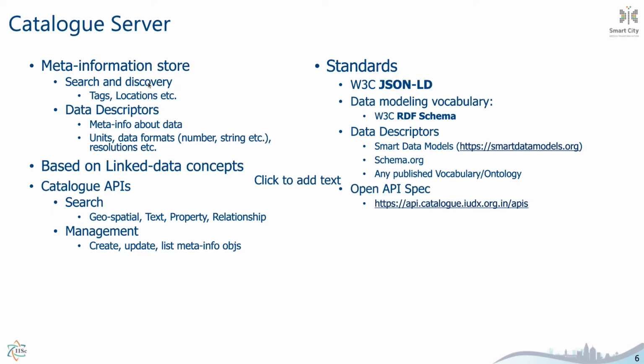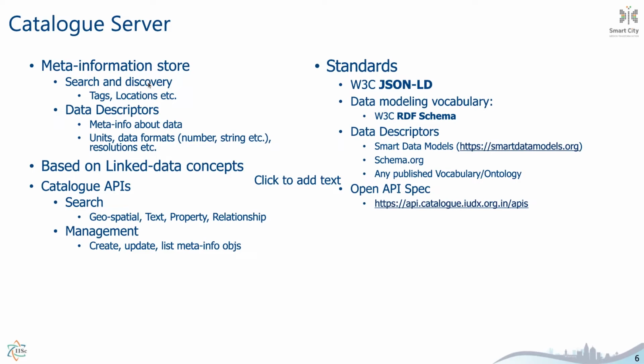Catalog supports APIs for resource discovery using geospatial, text, property, and relationship search, and management APIs to create, update, and list meta information objects. IUDX uses JSON-LD to represent meta-info objects in catalog. To represent data model attributes, it uses vocabulary, which we call as IUDX vocabulary, which is based on extensions of RDF schema.